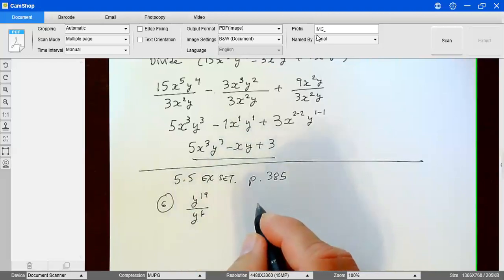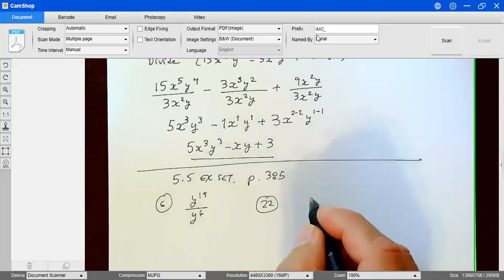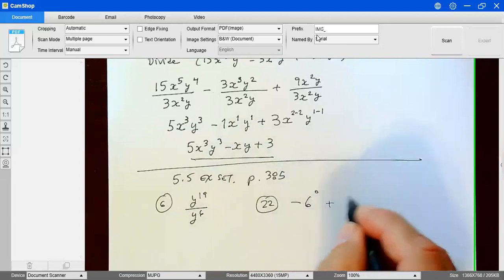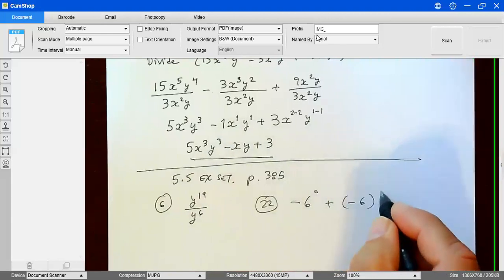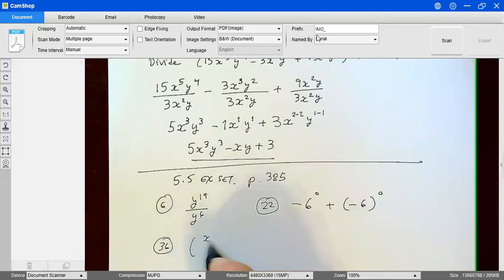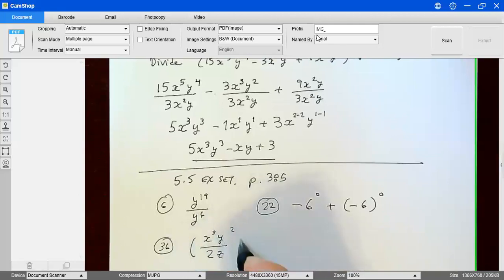Then 22 is negative 6 to the 0 plus negative 6 to the 0. And then 36: you have x cubed y squared over 2z, and you're going to simplify this.